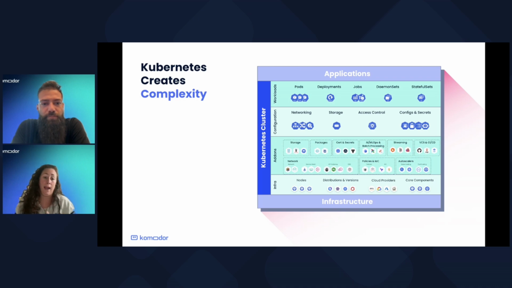You have the add-ons layer, so it's all of the CRDs and operators. Things like Cert Manager, external DNS, autoscalers, and so on. And you also have the cloud provider themselves. So you have the nodes, the control plane, all the different Kubernetes distros, and this is what also composes the new Kubernetes layer.